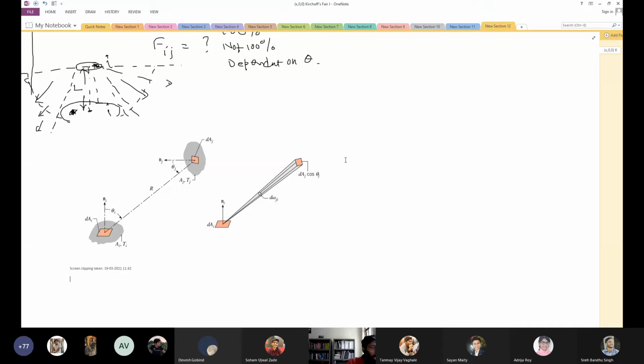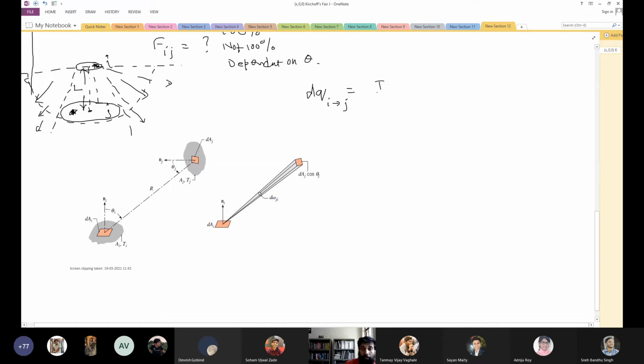Now the quantity dQ i to j is the amount of energy that left dAi and was intercepted by dAj.